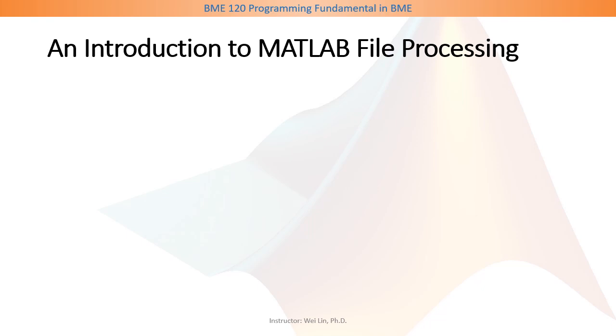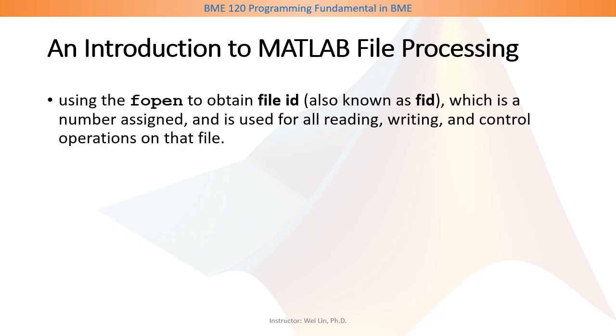So, in file operations in programming, the three steps are file opening, file reading or writing, and file closing. So first, we will use a file open function to open a file.